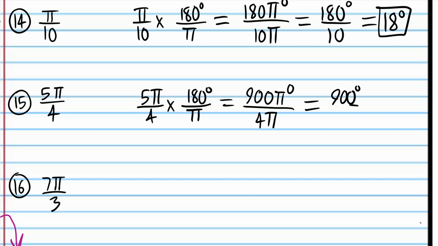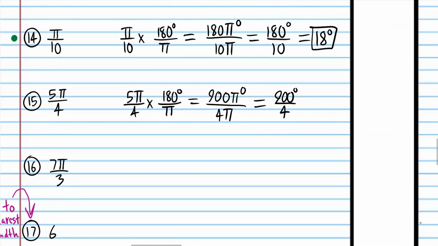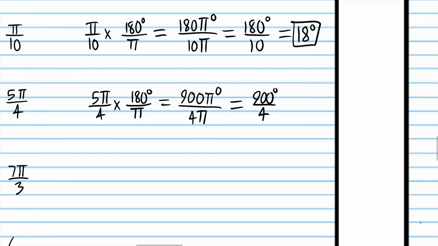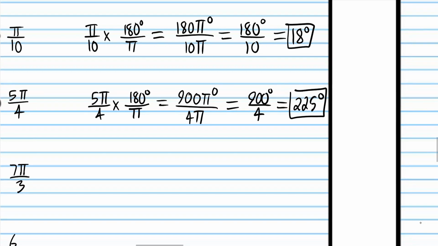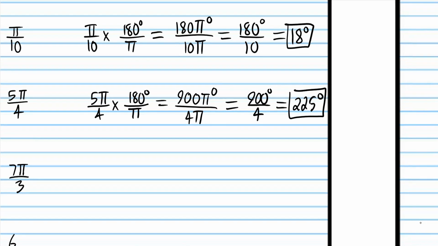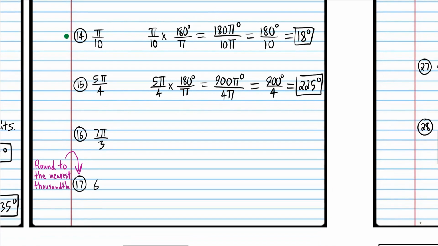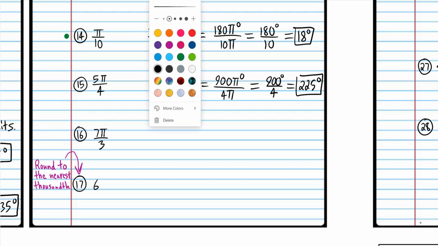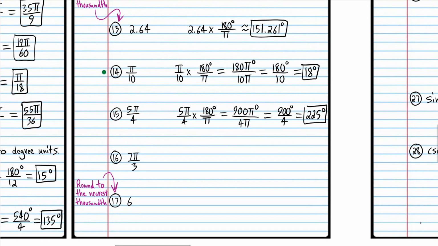We're left with 900 degrees over 4. And then we get 225 degrees. 900 divided by 4 is 225. So if you got that one right, excellent. Okay, go ahead and try number 16. And when you come back, we'll do it together.